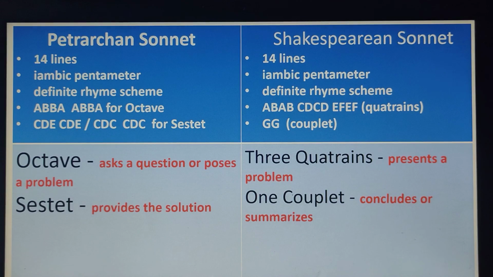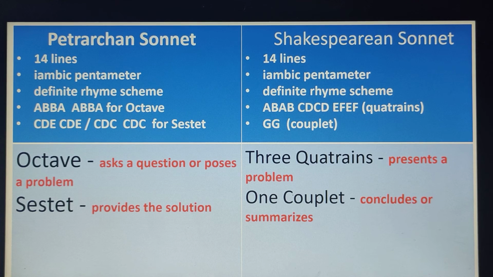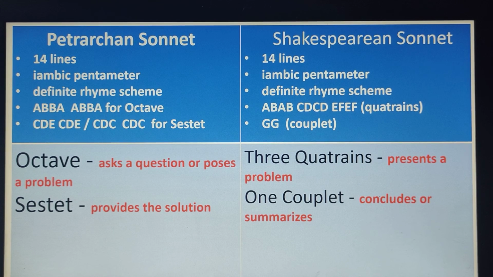Now, this is a chart. It will be easy for you to differentiate between the Petrarchan sonnet and the Shakespearean sonnet, and to see what things are similar in both types of sonnet. For example, both sonnets have 14 lines, and both have iambic pentameter.